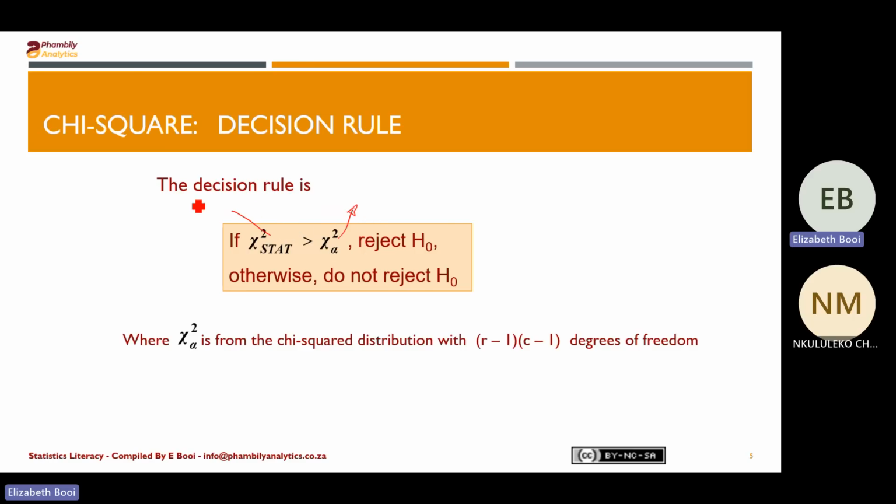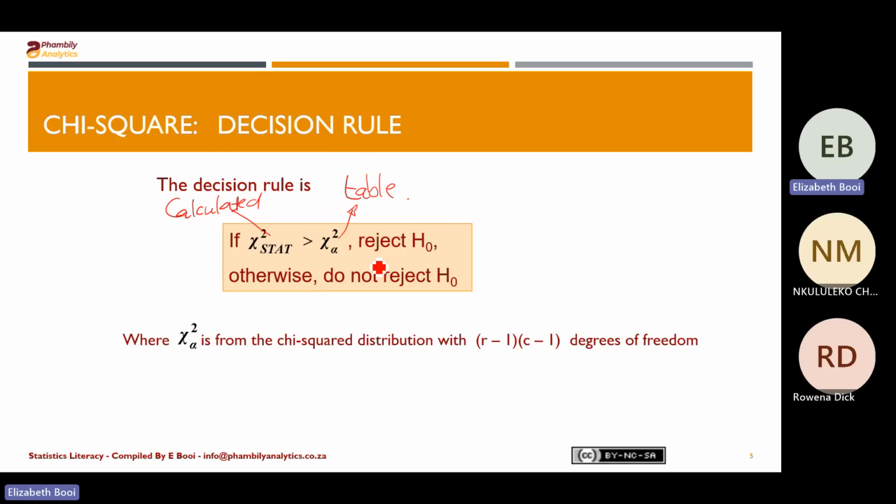So in the back of your mind, know that we go somewhere on the chi-square table and we get a value, and we compare it to the calculated value, and then we make a decision. So let's put it this way: this is the calculated value, and this is the table value. If the calculated chi-square test statistic is greater than the table value or critical value, then we reject the null hypothesis. Otherwise, we do not reject.